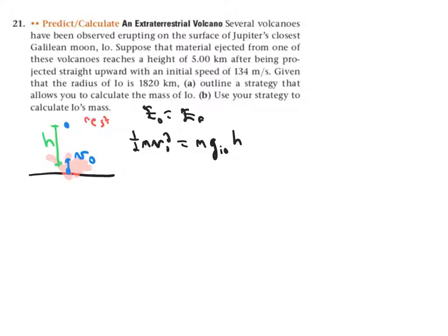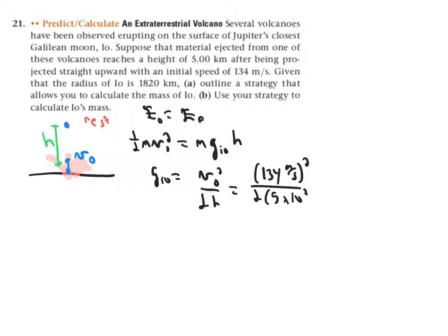That cancels out the mass of the volcanic rock, which is good, and we end up with g of Io is v initial squared over 2h, so it's 134 meters per second, quantity squared, over 2 times 5,000 meters. And we get a g value of 1.7956 meters per second squared, which, based on our 3 sig figs, I should really probably call 1.80 meters per second squared.